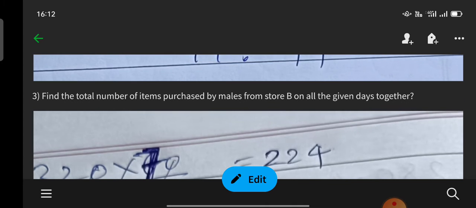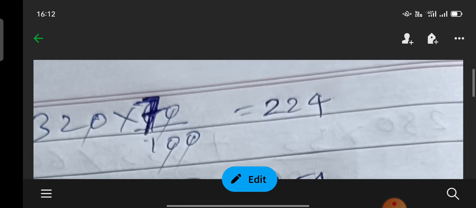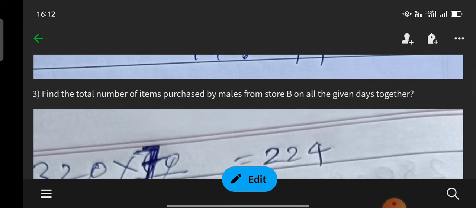Coming to the third question, find the total number of items purchased by males from store B on all the given days together. If you want to know the males percentage, I already said you have to take it this way: if the females percentage is 25%, then you remove that 25% from the 100, and the remaining percentage you take into consideration as the males percentage.